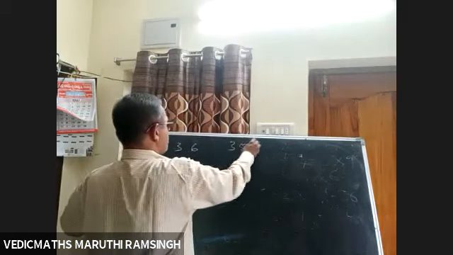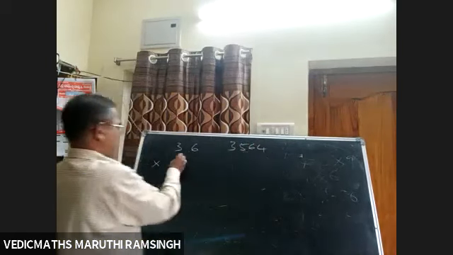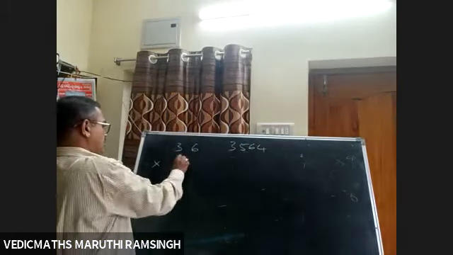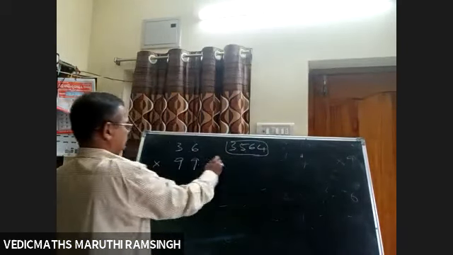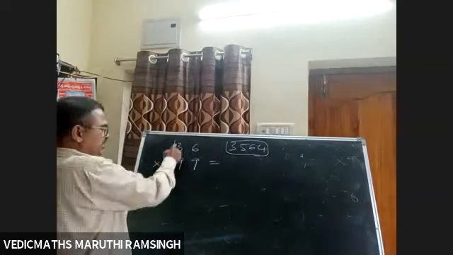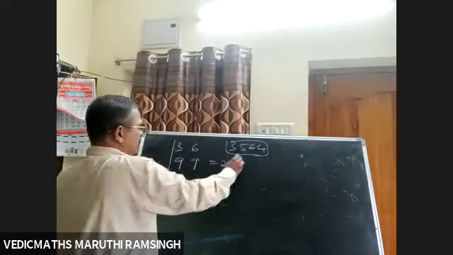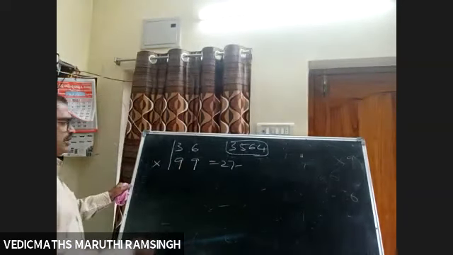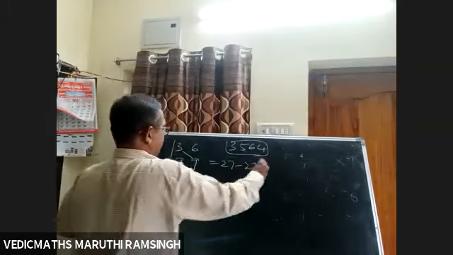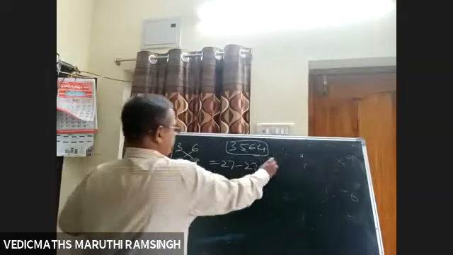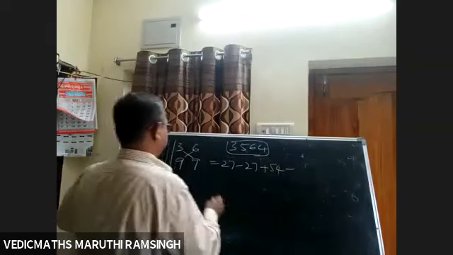3564. 36 into 99. Vertically, 3 into 9, 27. Now let us see crosswise. 3 9s are 27 plus 9 6s are 54 dash.